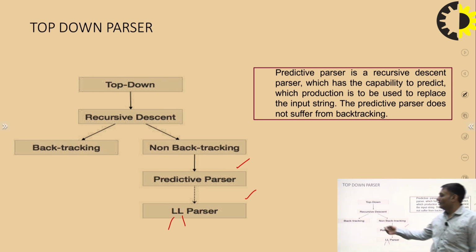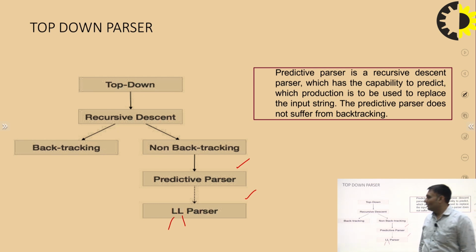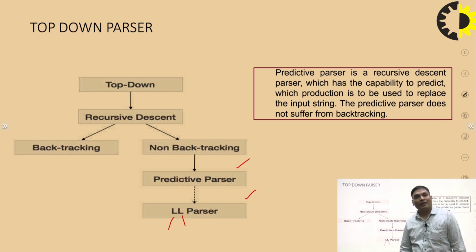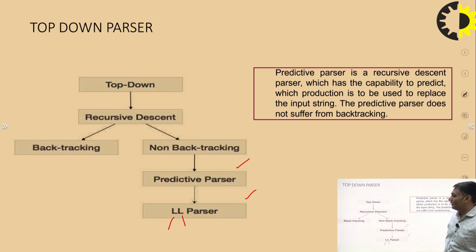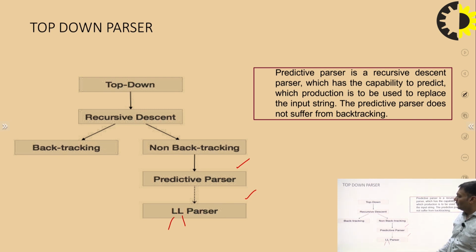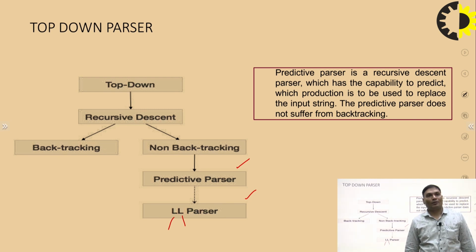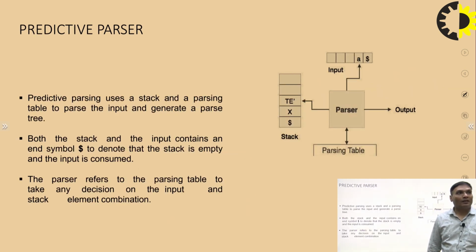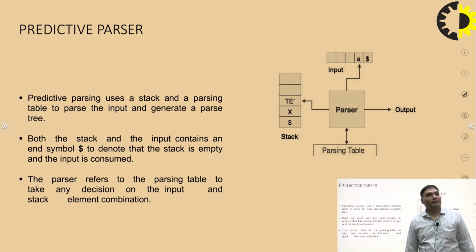Basically, backtracking is a problem in top-down parsers where we don't know which type of rule we have to apply to generate the parse tree. So, here confusion remains. Here there is no confusion. We know in advance which production rule we have to apply to generate the parse tree. So, in today's lecture, we only discuss the predictive parser.